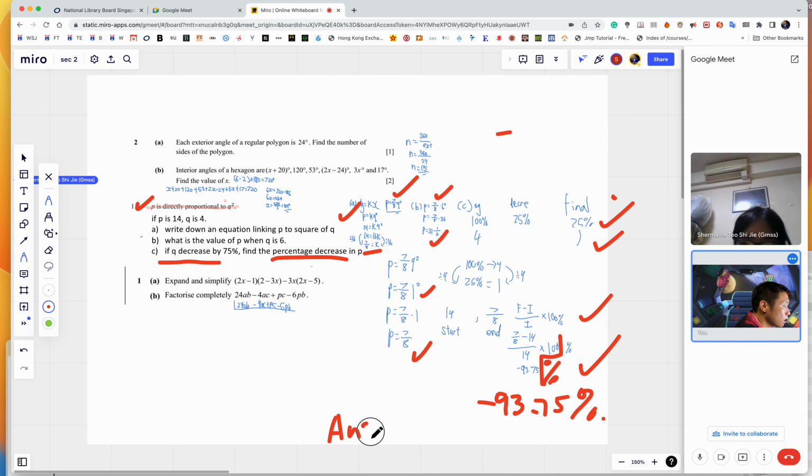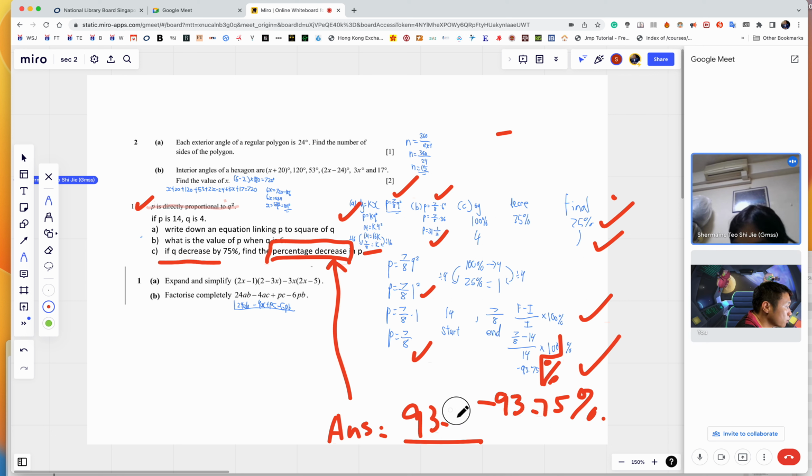Let's say I give you the answer. What's the answer for this percentage decrease? They already say percentage decrease. Do you need to put the negative or not? No. It's 93.75, with the percentage or no percentage? With the percentage. Correct. Because the decrease already indicates the minus. Clear?